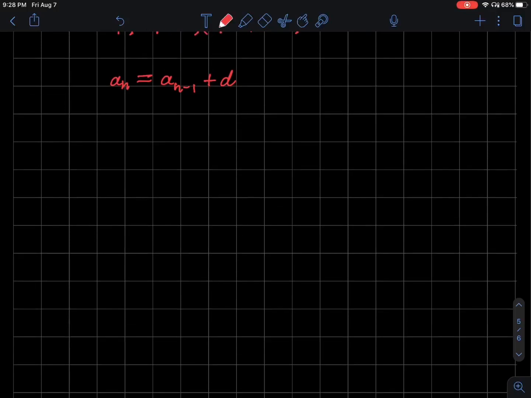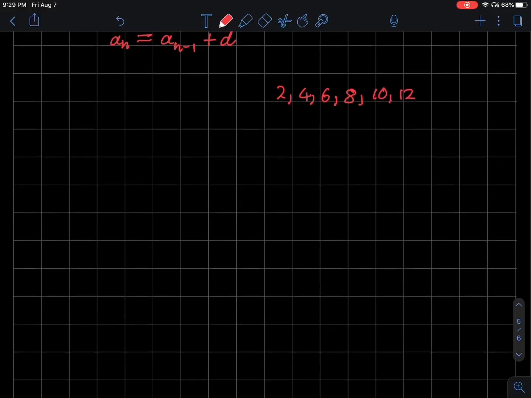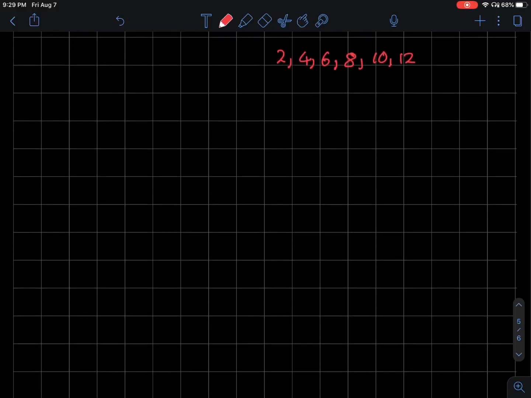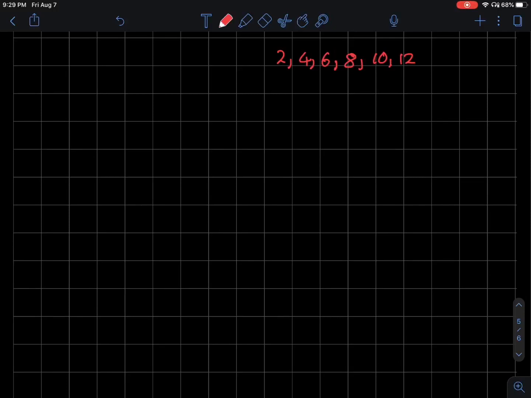So let's say we were to take a sequence as simple as 2, 4, 6, 8, 10, 12. If we were to recursively define the sequence, now a recursive definition of a sequence means it relies on the previous values of the sequence. So if you wanted to find the 10th value, you'd need to know the 9th value. If you wanted to find the 9th value, you'd need to know the 8th value, and so on.